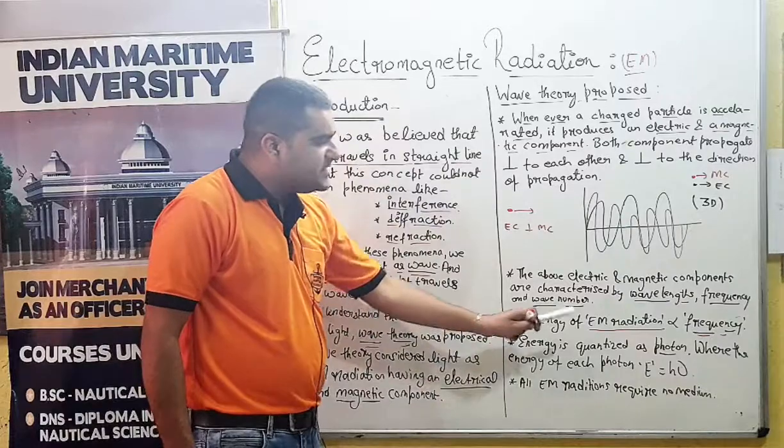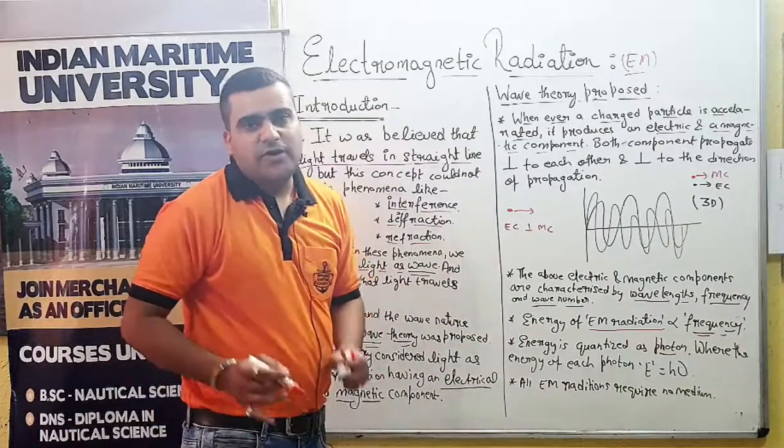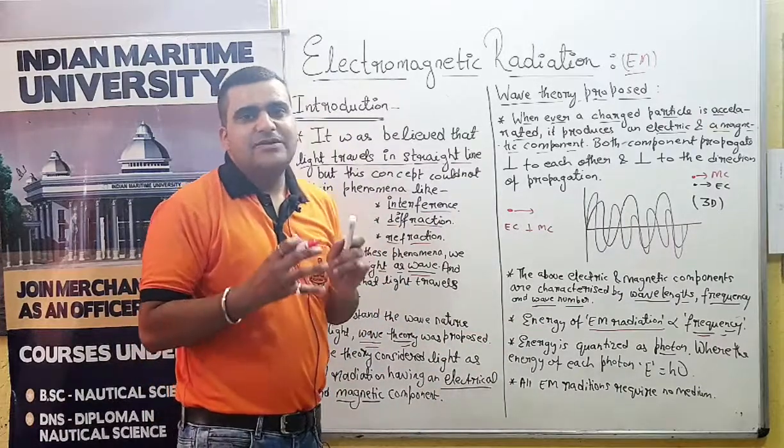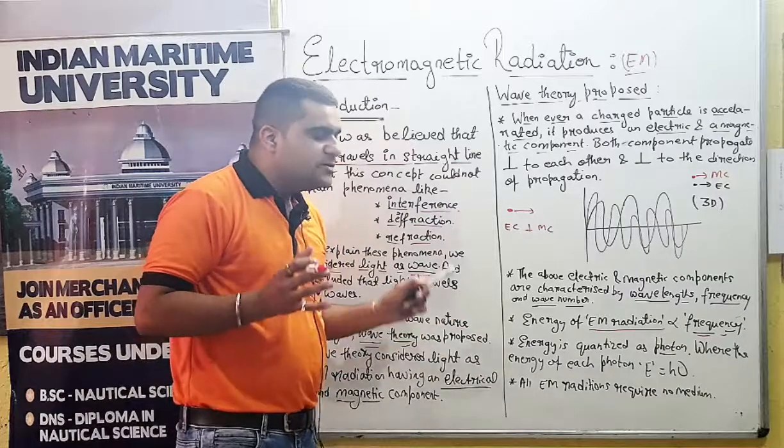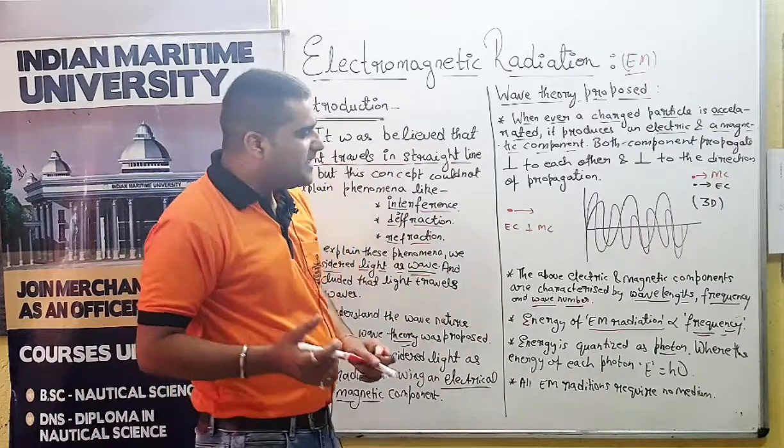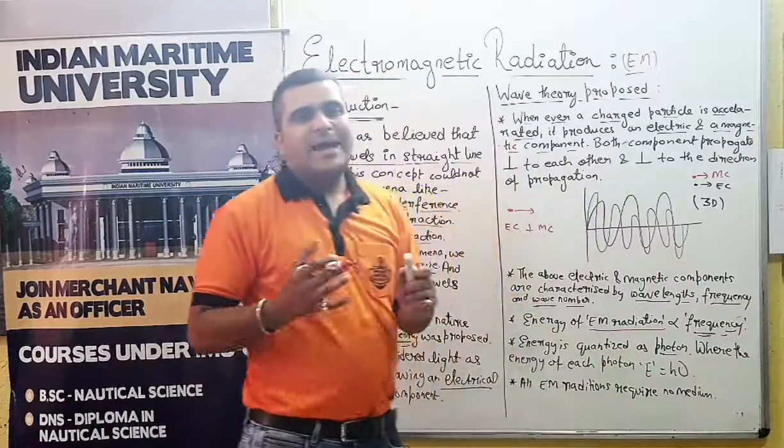Next, energy is quantized and called a photon. We quantize the energy and call the photon the quantized form of energy, or we can define a photon as a packet of energy.